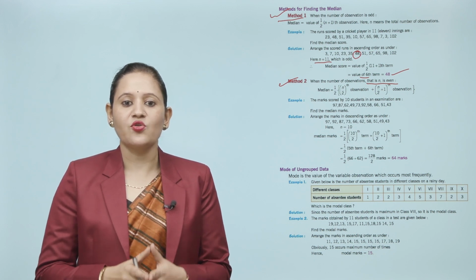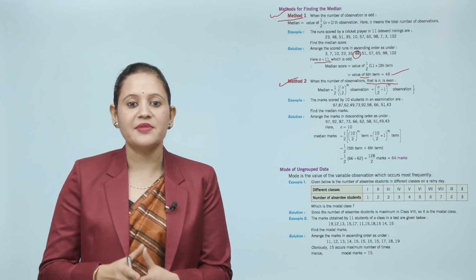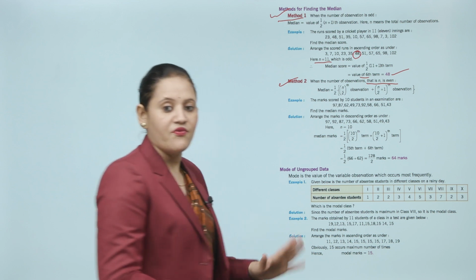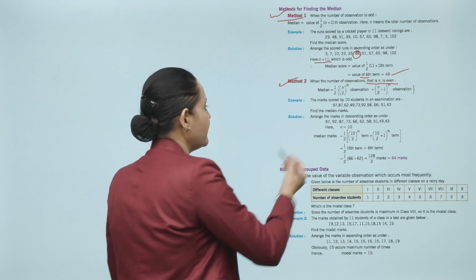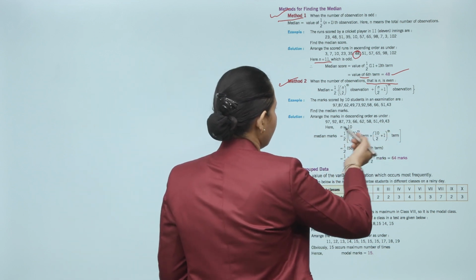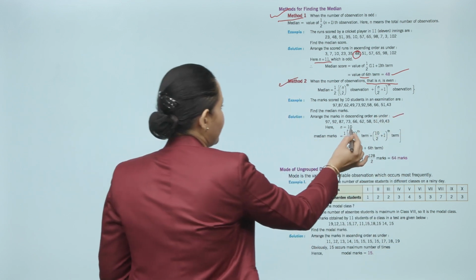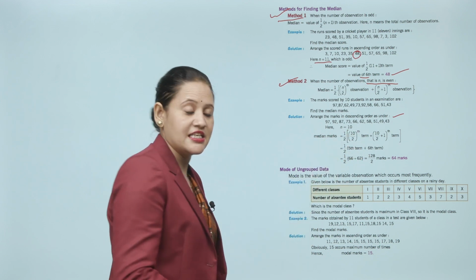Let's take an example: the marks scored by 10 students in an examination are given. So marks are given, we have to find the median. First we will arrange the data in descending order. Here we have arranged in descending order. Clear? The number of observations is 10, that is even.